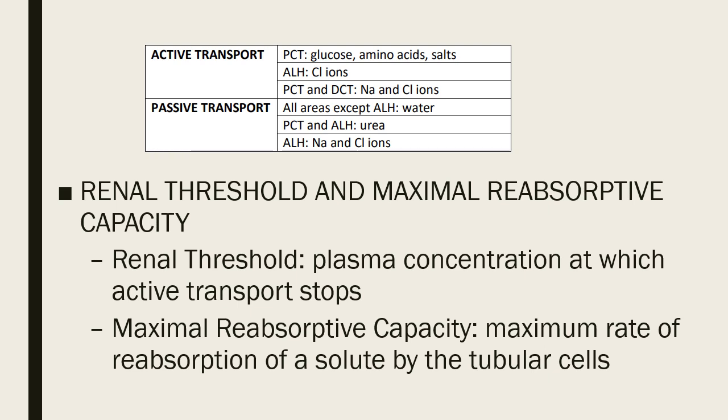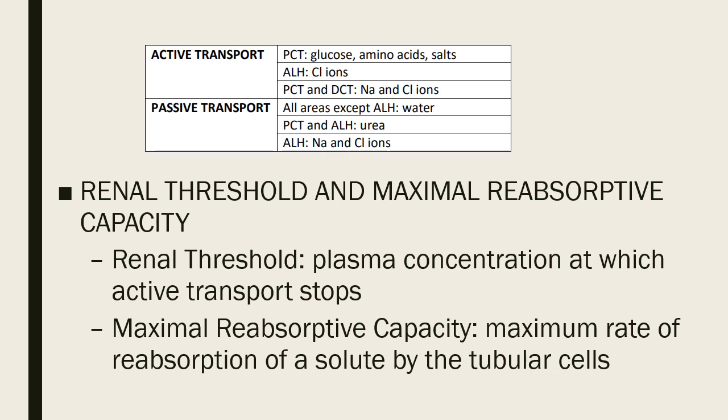But when the plasma concentration exceeds the renal threshold, the tubular reabsorptive mechanism becomes saturated, and the excess starts to be excreted in the urine.